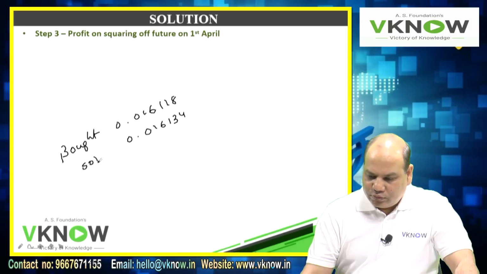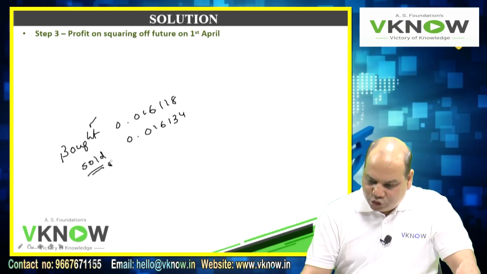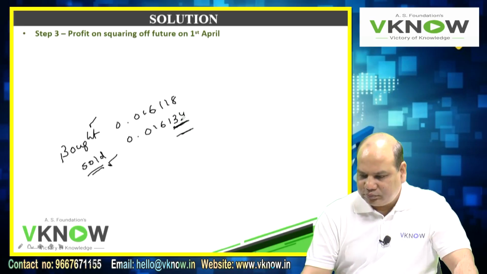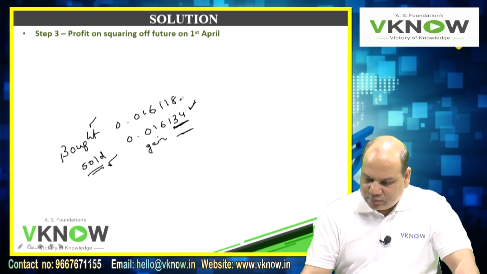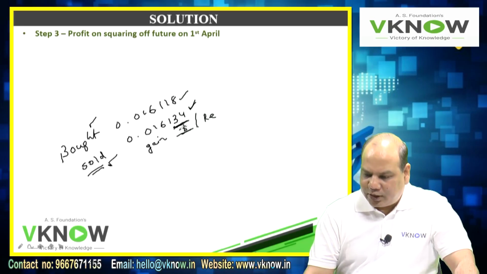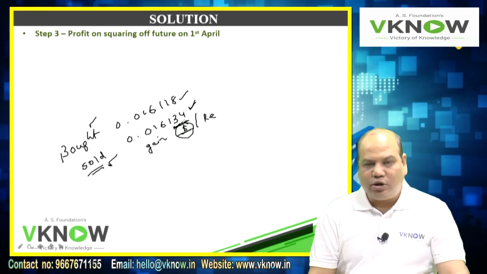So what I will do, I will square off by selling. If you have written bought here, you have to write sell here. So still there is some positive gain here. So there will be gain because this sell is more than buy. Gain will be in dollar per rupee. So therefore your answer will be finally in dollar.